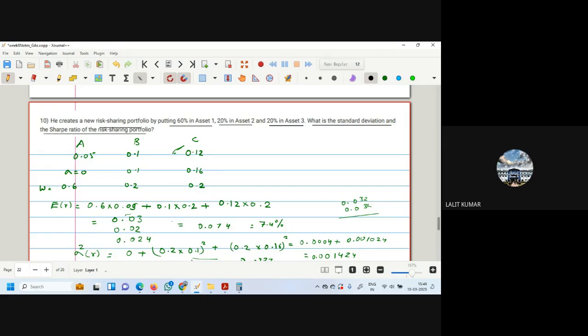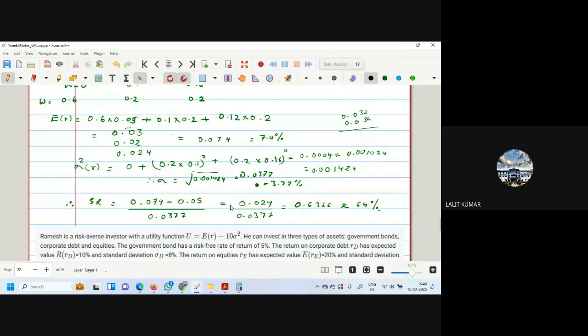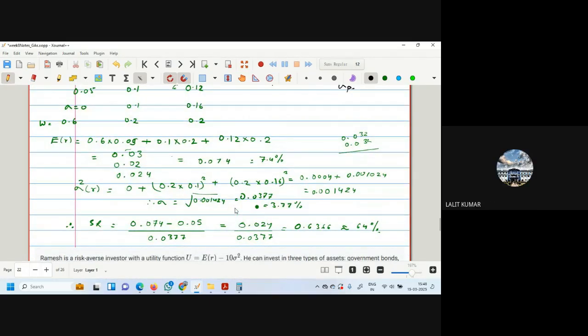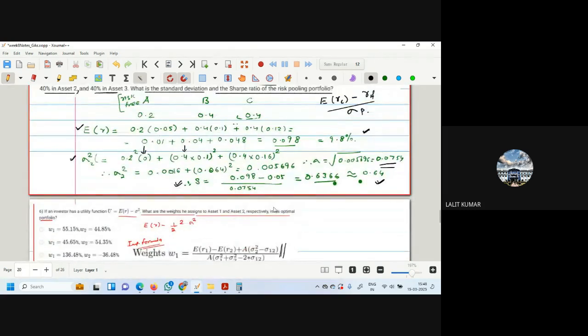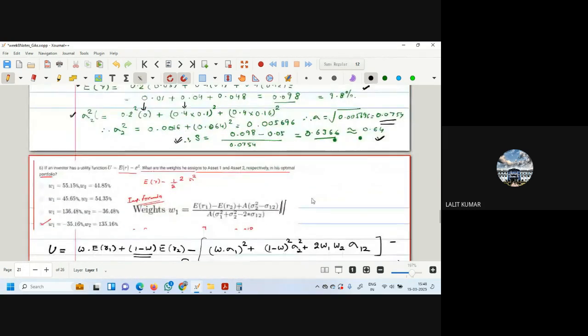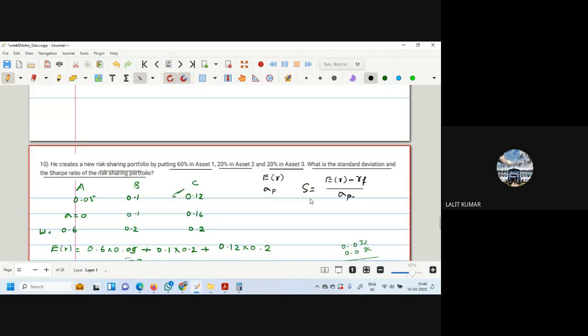Again, we will do the same method: find ER, find sigma P, and then use ER minus RF divided by sigma P. It's the same steps, just the probability changes, and you get the same 0.6366. If I'm not wrong, earlier also it was the same value, 0.6366. So your Sharpe ratio does not change.